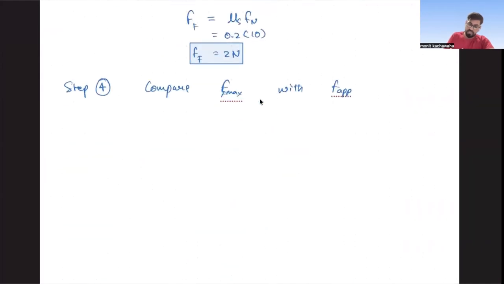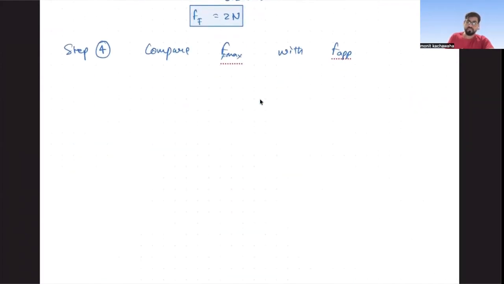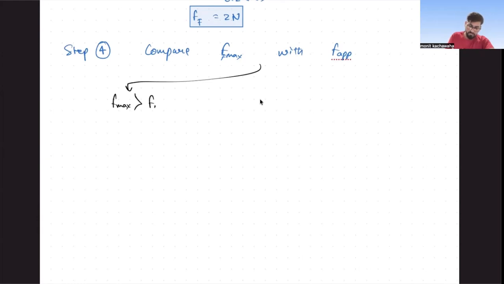And how much is the maximum force? 2 Newton. So, there will be two cases in this. What are the two cases? Either F maximum is greater than F applied, or F maximum is less than F applied, right?